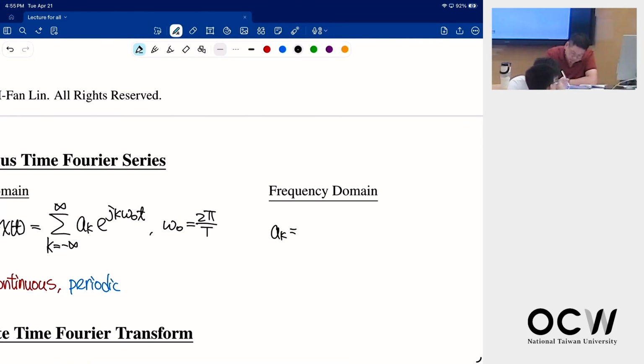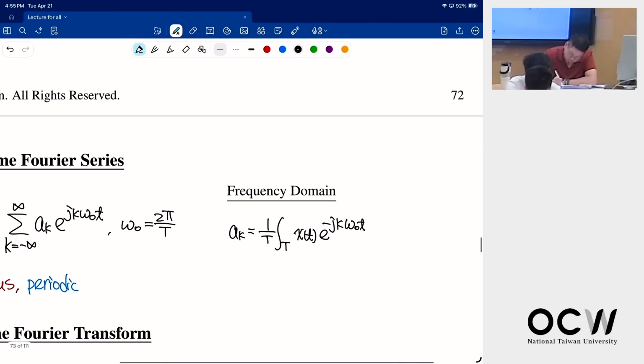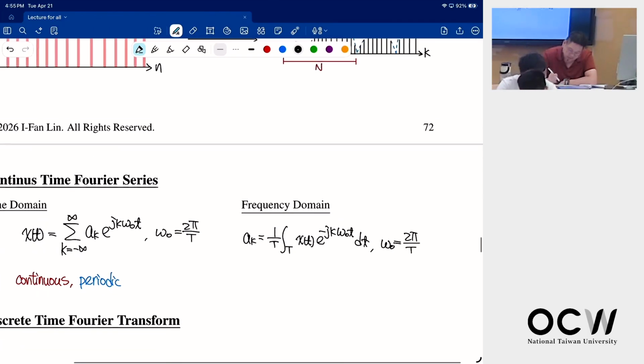The coefficient, again, we use the signal inner product with the basis. Okay, so in this case, in frequency domain, continuous or discrete, periodic or aperiodic? So this is discrete and aperiodic.